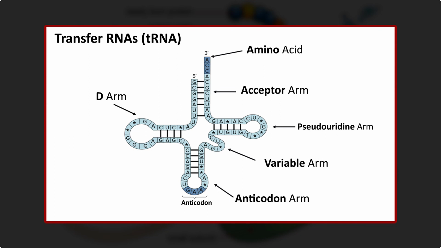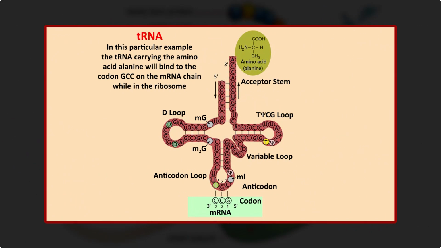Each tRNA molecule has a clover leaf secondary structure with the anticodon accessible at the end of the anticodon stem loop. During synthesis of the aminoacyl tRNA, the amino acid is covalently bound to the A residue of the CCA sequence at the 3' end.